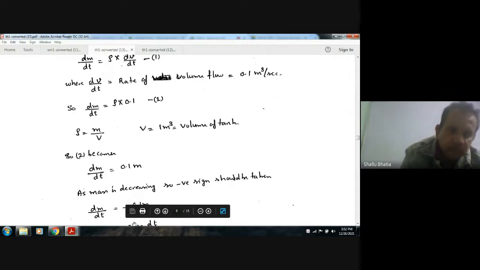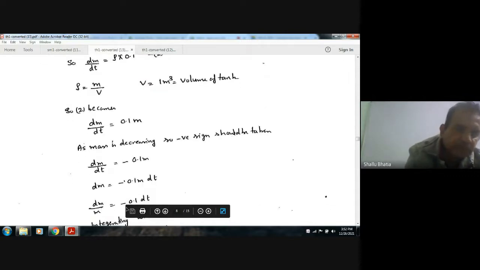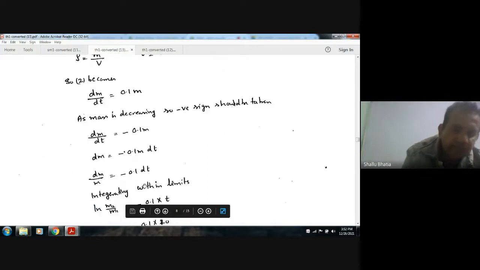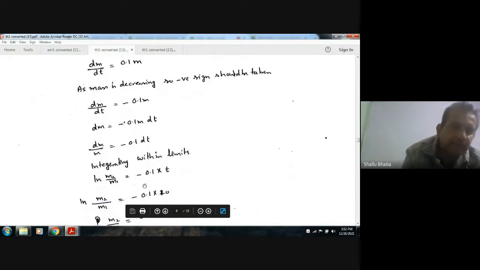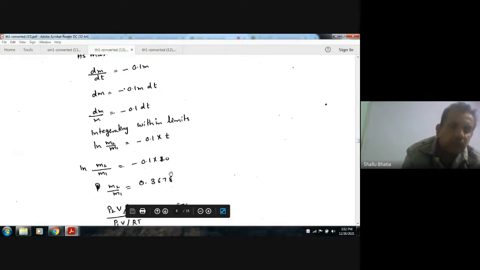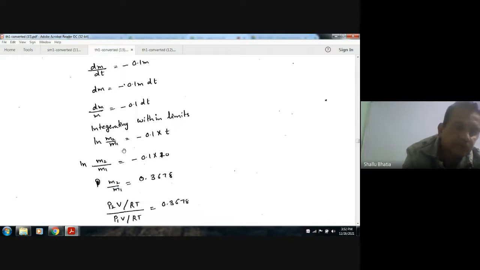So dm is equal to minus 0.1 m dt, so dm by m is minus 0.1 dt. Integrating, we have ln m2 by m1 equals minus 0.1 t. Now putting the limits, we have m2 by m1, and after 10 seconds we will have this 10.